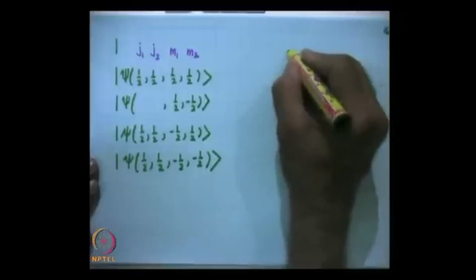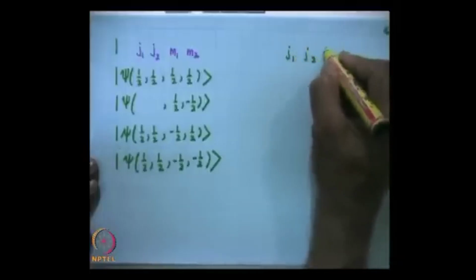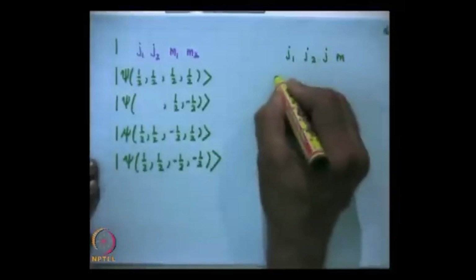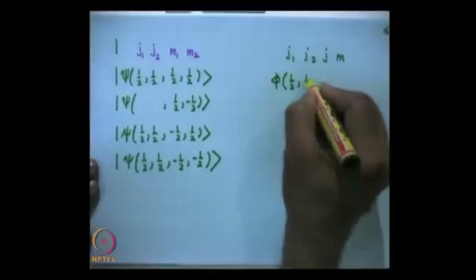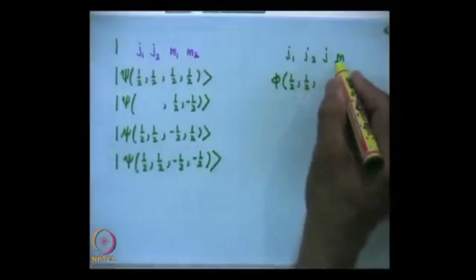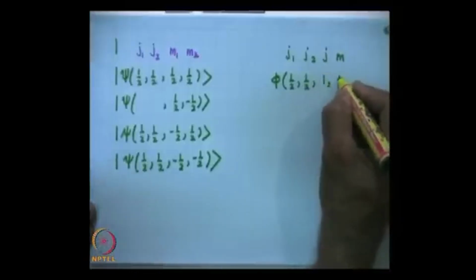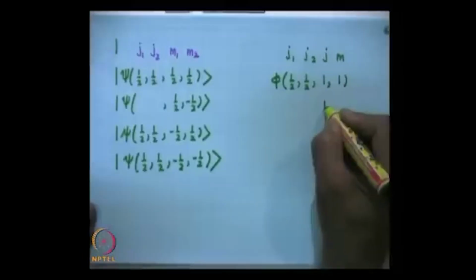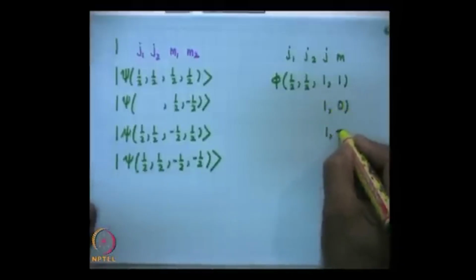Now, for the other functions, there are also 4 with J1, J2, J, M. So, these are phi, half, half, j, and I said that j can take values 1 and 0. So, when j is 1, m can be 1, m can be 0 and m can be minus 1.